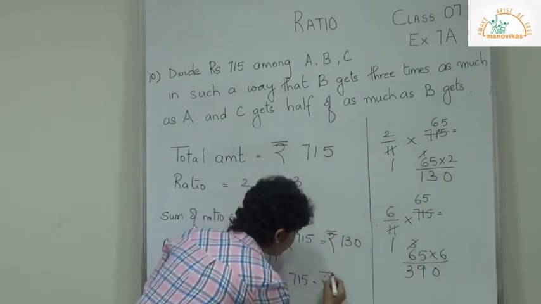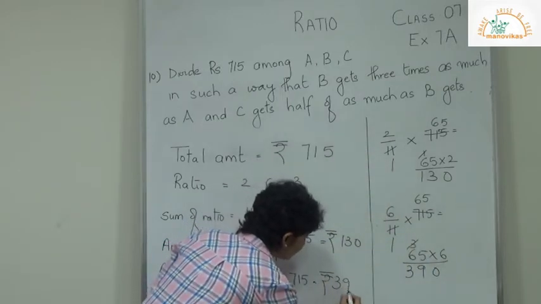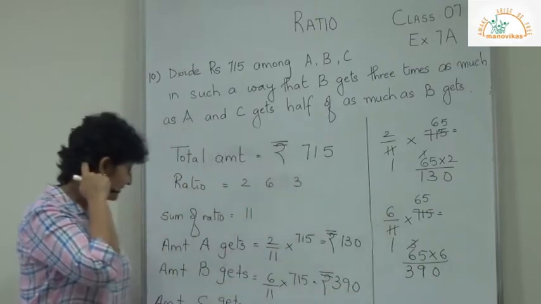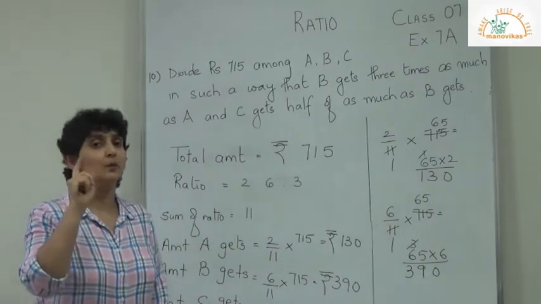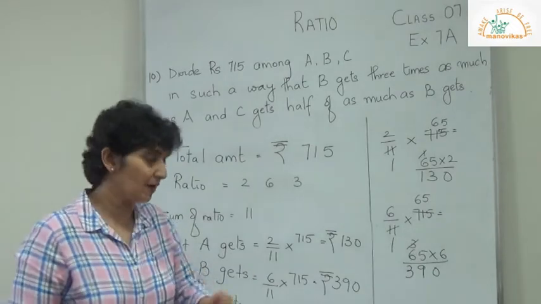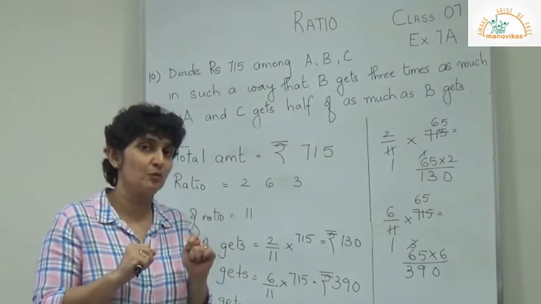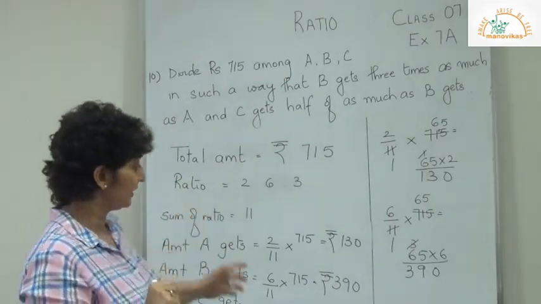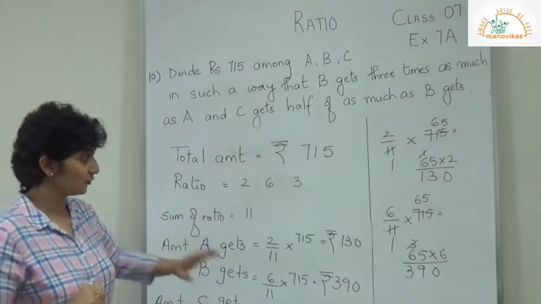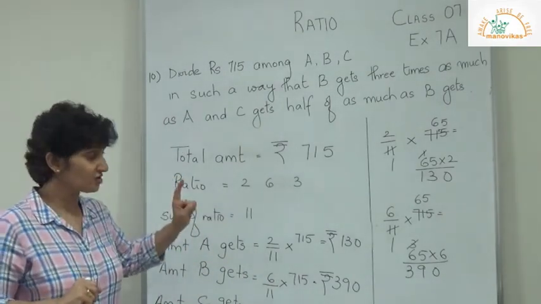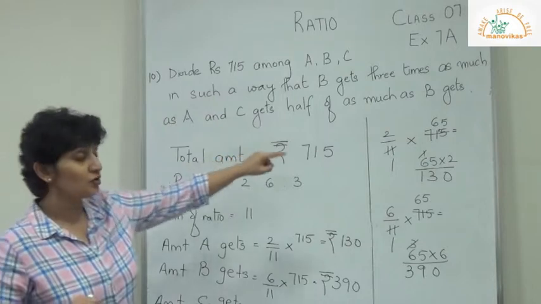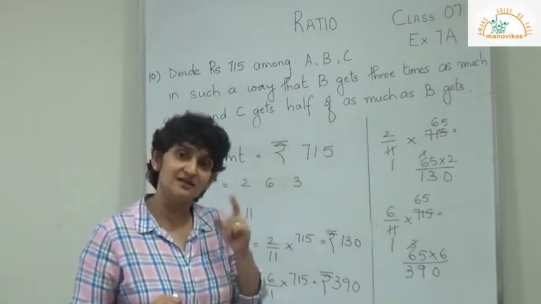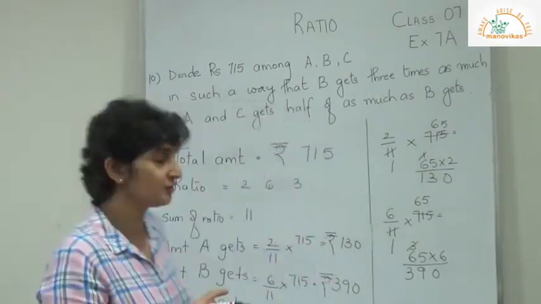So this is going to be rupees 390. And C, I will leave it to you. Now you will find out and let me know. When you give your books for correction or send it to me, I will check the answer for this. I hope you have understood how to work it out using x. Let's move on to the next question.